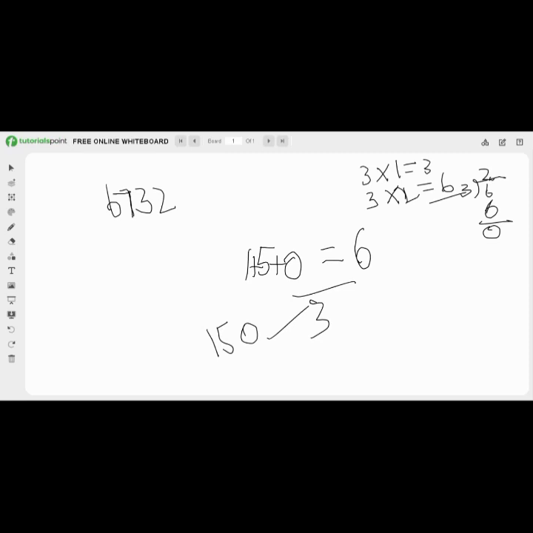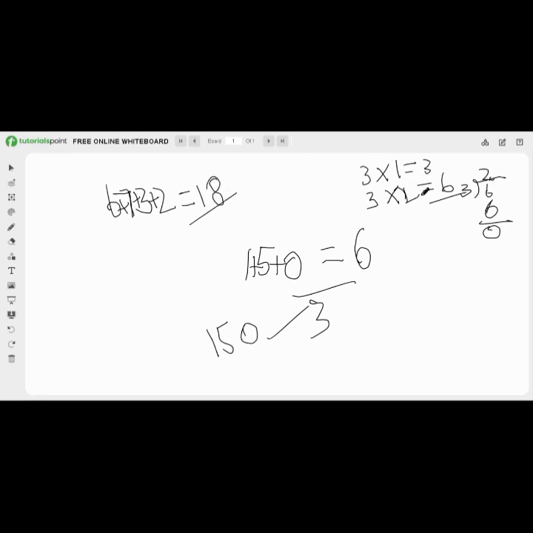Time's up. So we will add these up. 6 plus 7, 13, 13 plus 3, 16, 16 plus 2, 18.